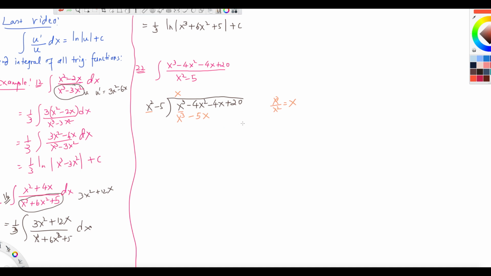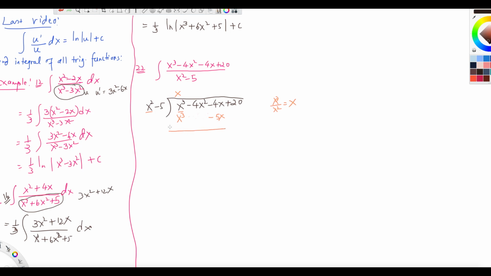You see that? Now you may be curious why we don't write the negative 4x squared. Because there is no x squared term when you multiply, you can write it if you want to. So I'm going to write down that negative 5x just below the x term, like that. Now you are going to subtract, which means change the sign.